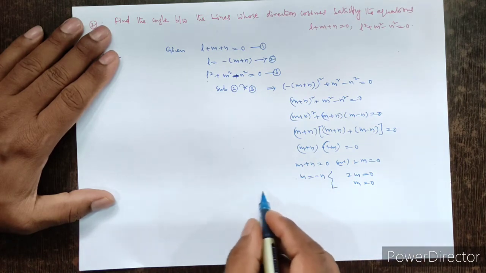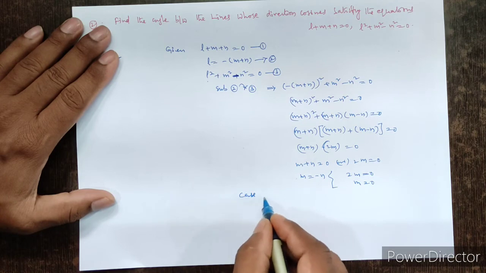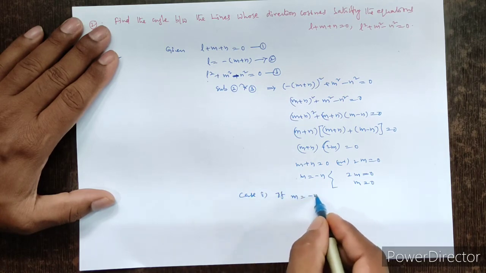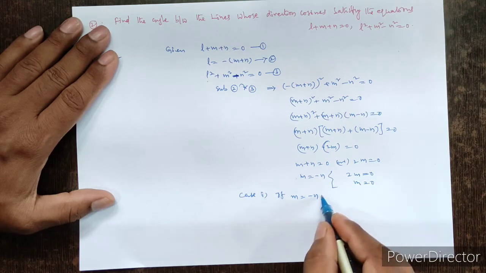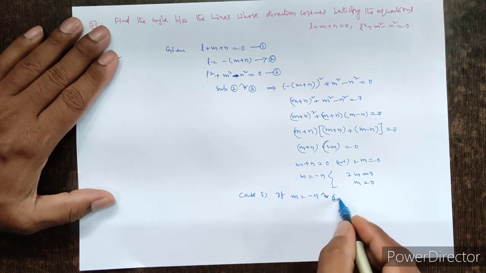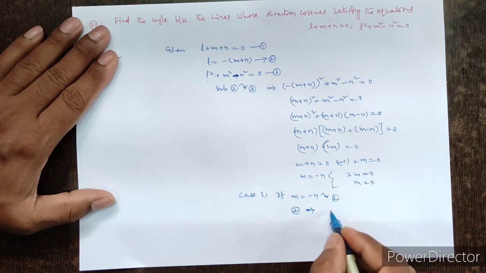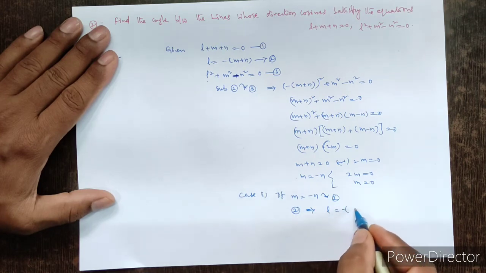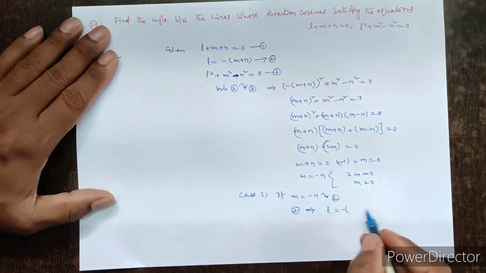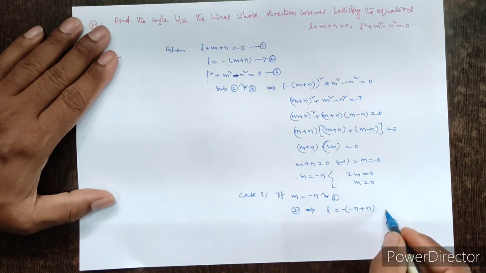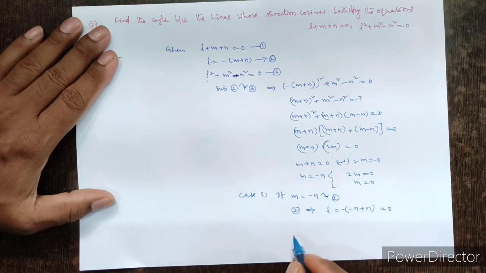So in case 1, if m equal to minus n, substitute the m value in equation number 2. Then L equal to minus of m, that is minus of minus n plus m plus n, that is L equal to 0.